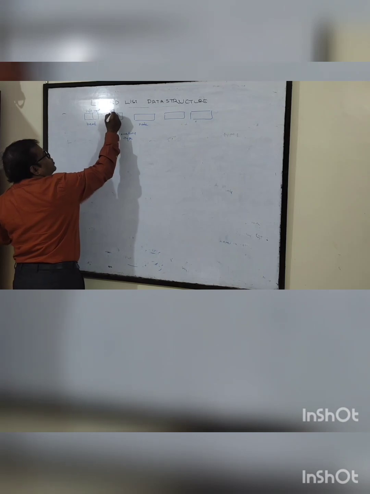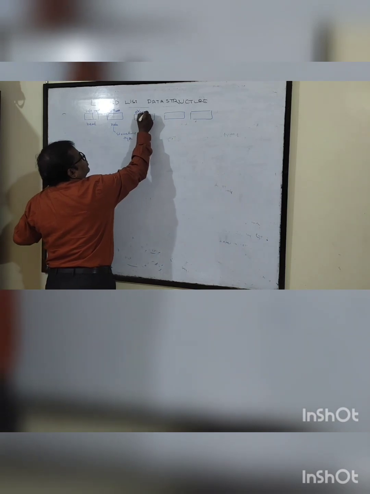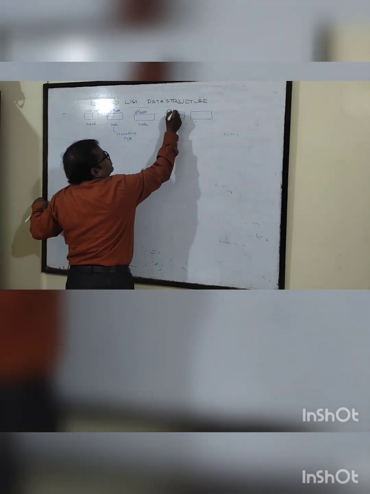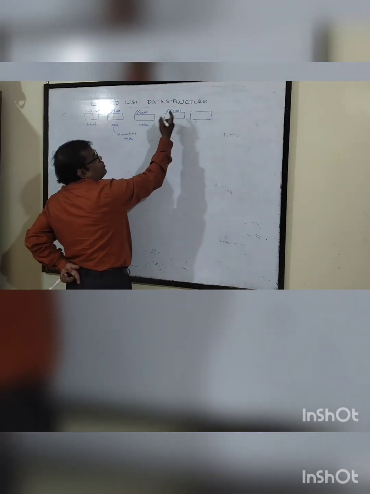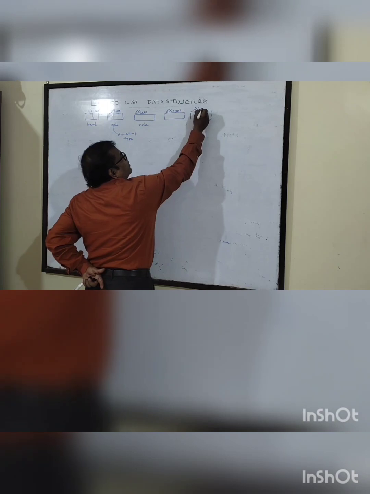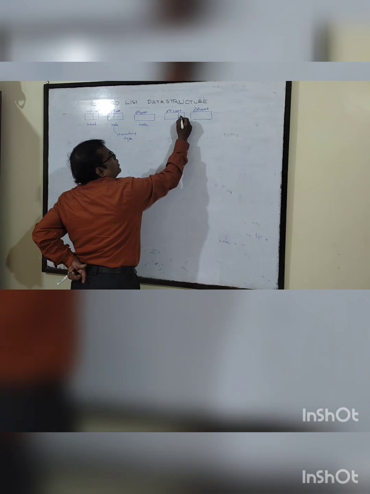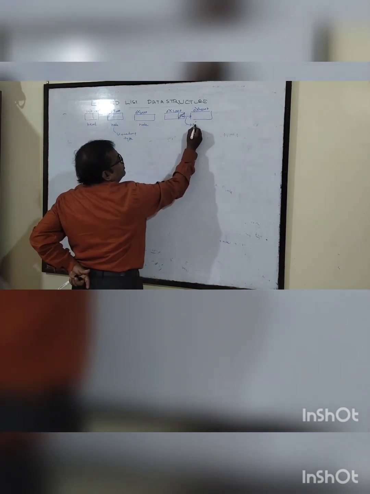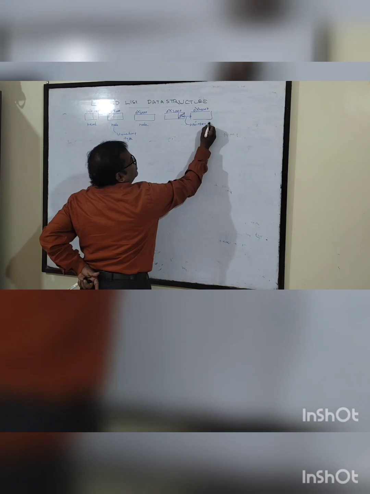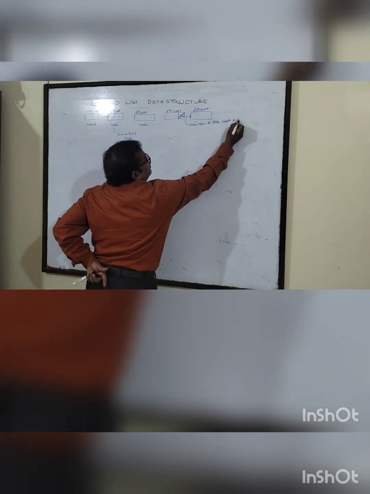Let the address of this node be 1000, this node 200, and this node 0. This is the hex representation of the address. Here it holds the address 0x400, indicating it is a pointer to the next node.